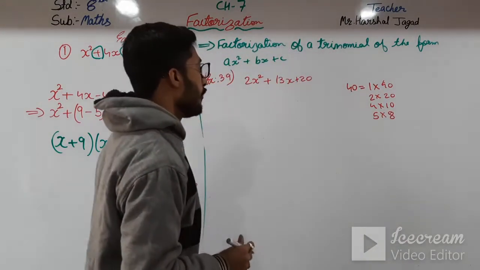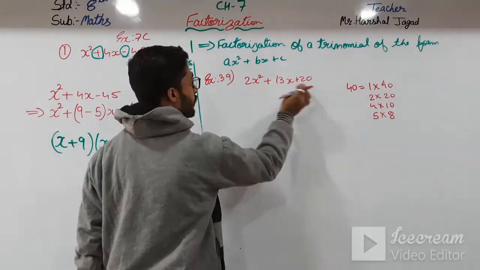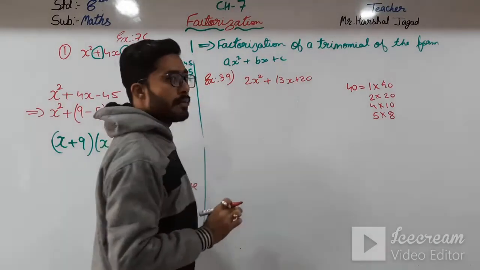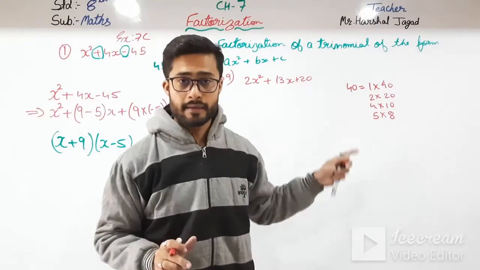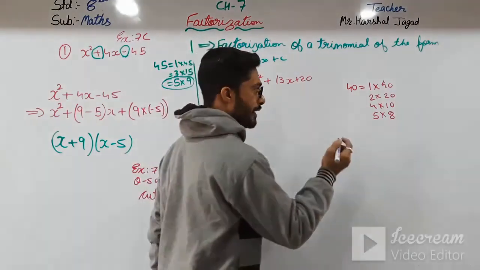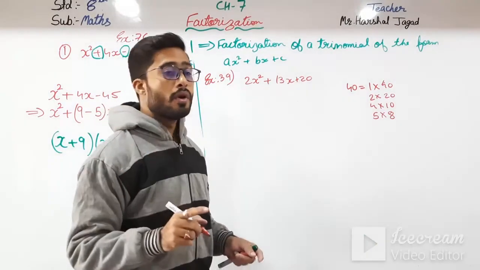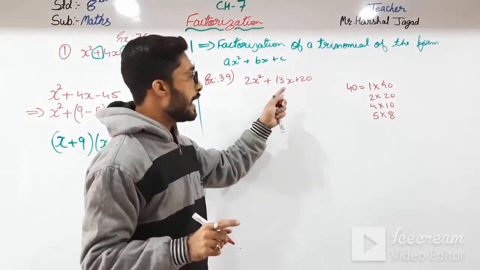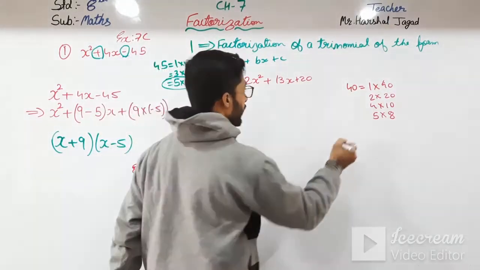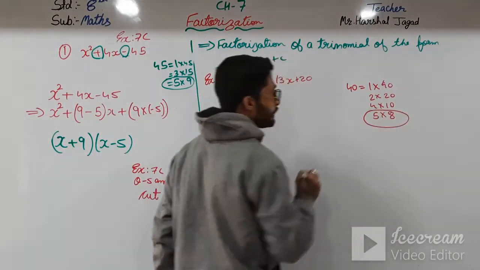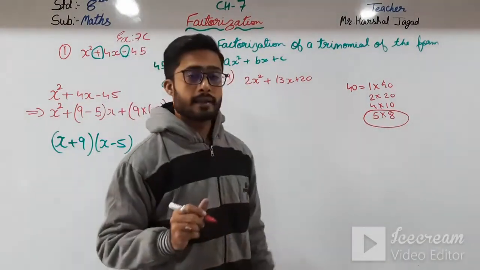So first of all we have to multiply this 20 and 2, and then find the factors of it. You can see the addition of these two should be 13 and the product should be 20 into 2, that is 40. So we can say that 8 and 5, 8 plus 5, that is 13.